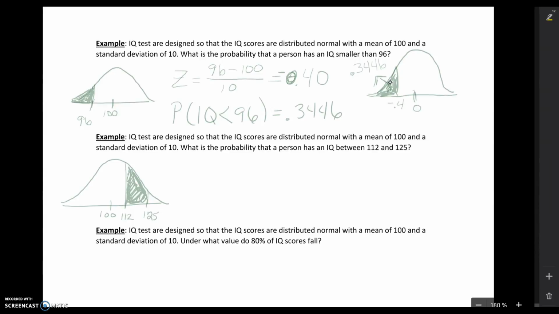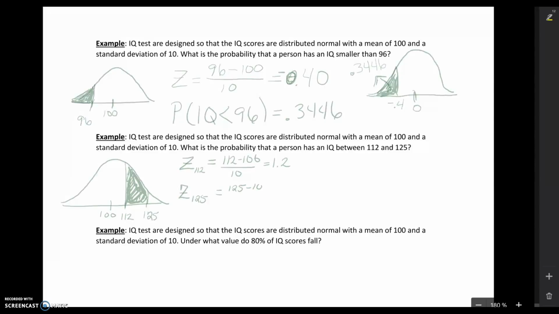So now I'm going to write z, and I'm going to put just the subscript 112 here. That's just to remind me that this is going to be the z-score for 112. So I'm going to take 112 minus 100, divide it by 10. If you put that in your calculator, you should find that's 1.2. Then we also need to find the z-score for 125. So again, that subscript is just to remind me which z-score is which.